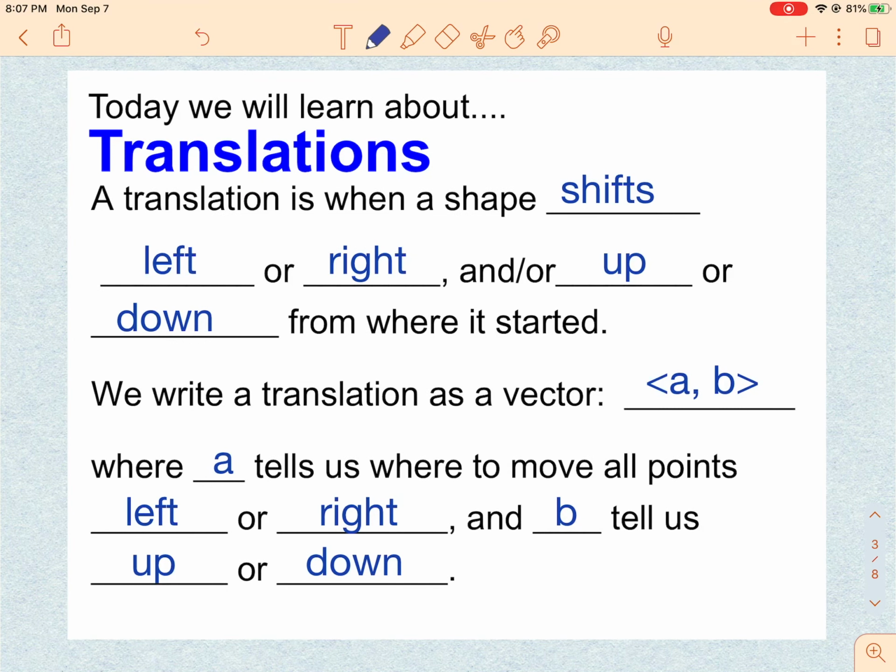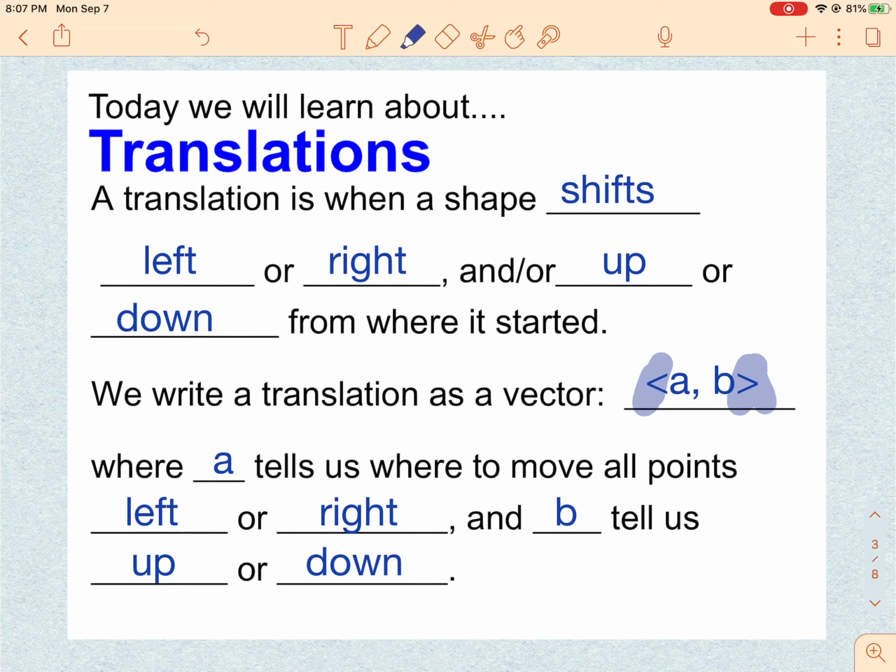So the whole idea is a translation shifts a shape either left or right, up or down, sometimes both. The way we write this translation is called a vector. So instead of looking like an ordered pair, we have these symbols to show that it's a vector.